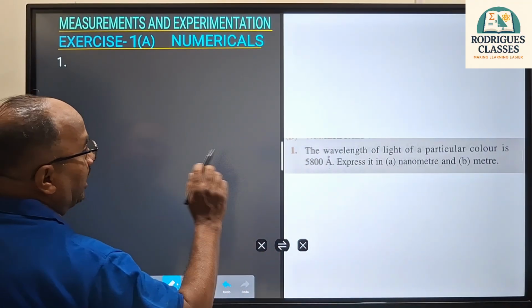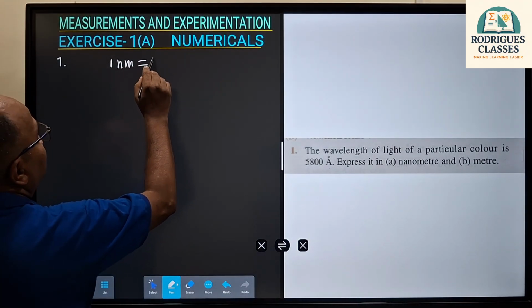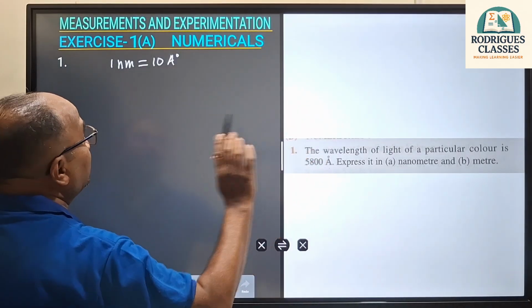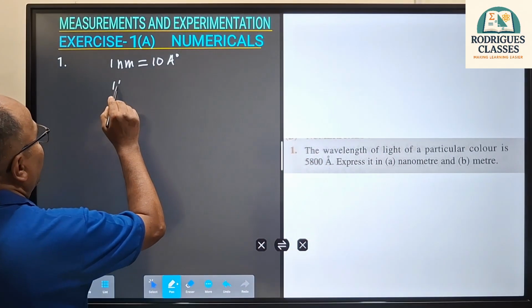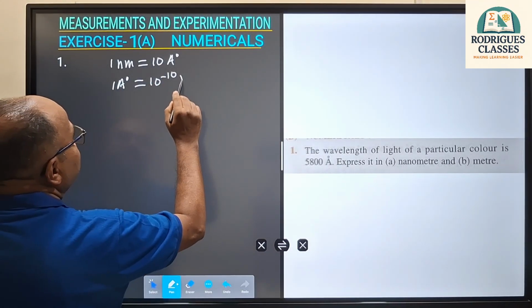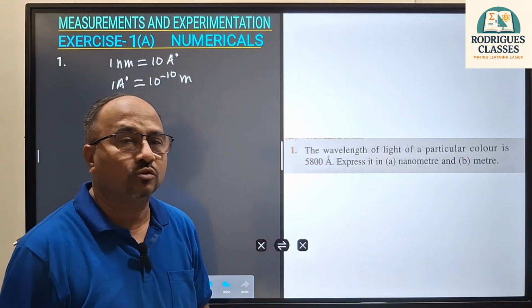So first of all, I am writing that 1 nanometer is equal to 10 angstrom. And about the meter part, I should know this: 1 angstrom is equal to 10 to the power minus 10 meter. So you will require these two conversions for these two parts.